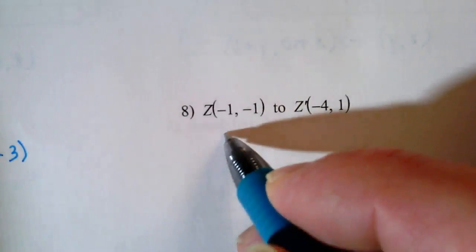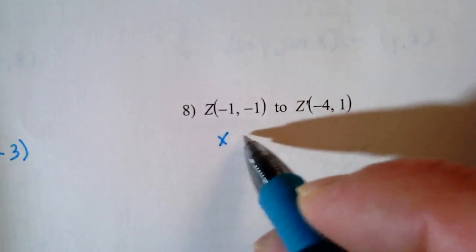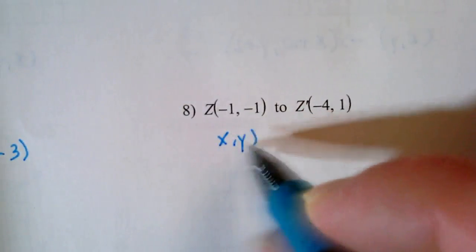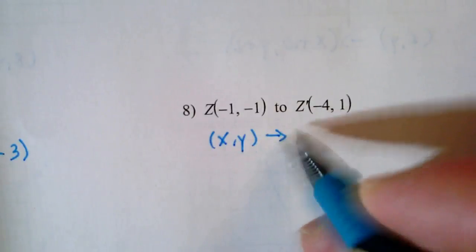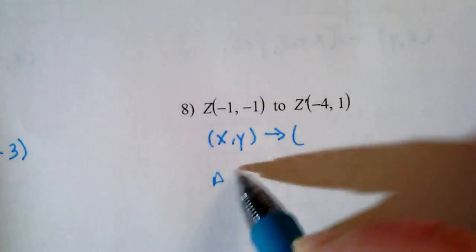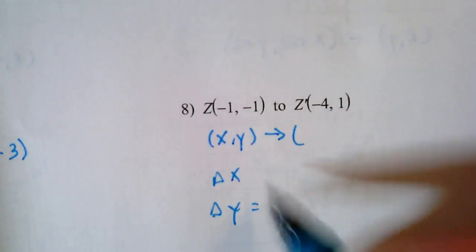Let's take a look at another one over here. Here, we've got xy goes to, now here, there's our delta x and our delta y.